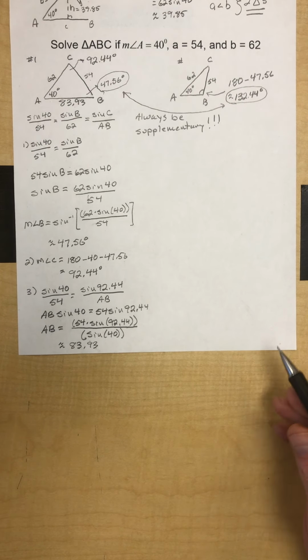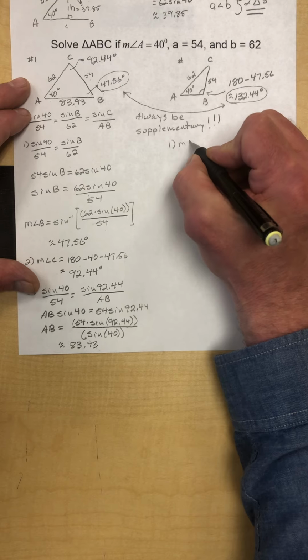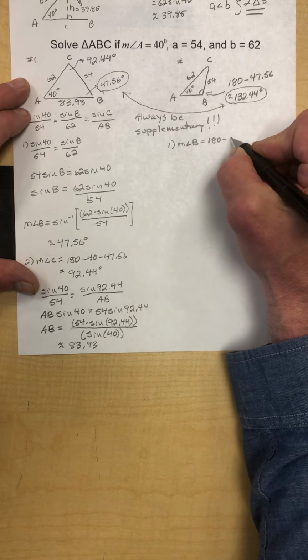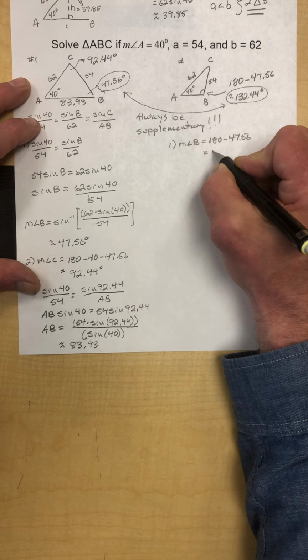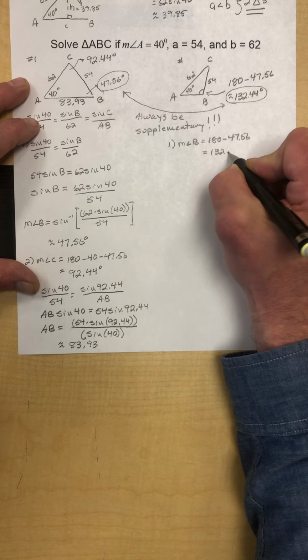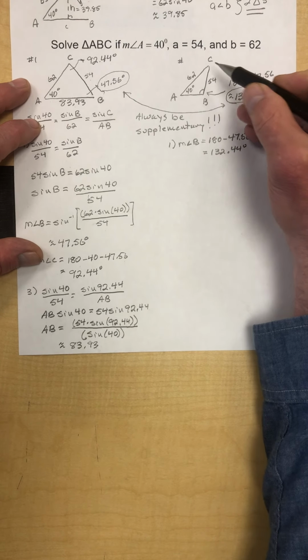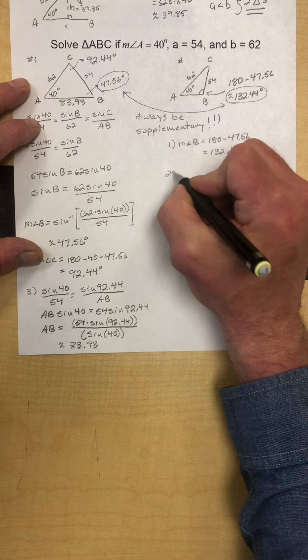All right, so let's see. We found angle B. The measure of angle B here is 180 minus 47.56, so we came up with 132.44 degrees. Now I can find the measure of angle C using the triangle sum theorem.